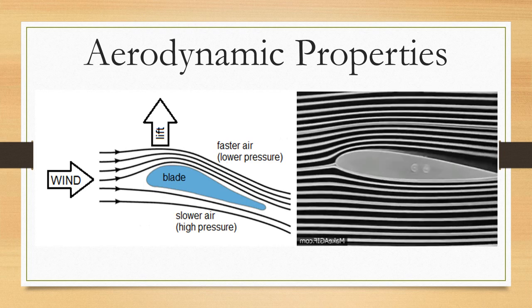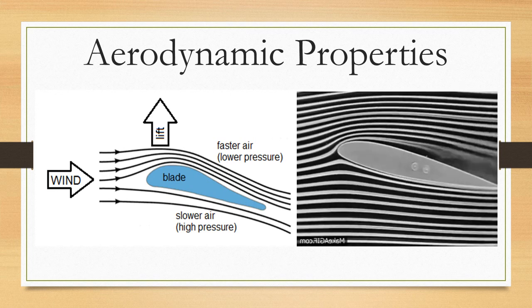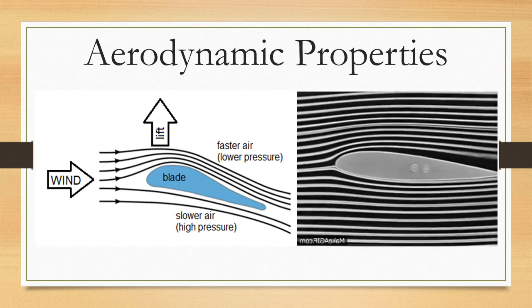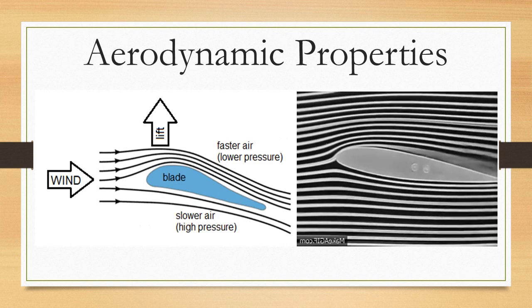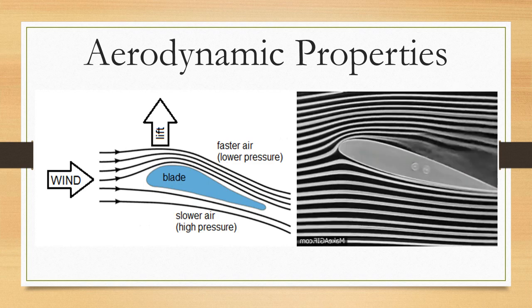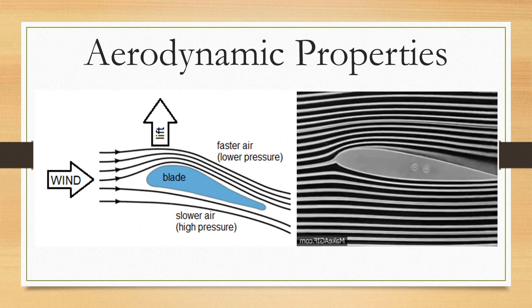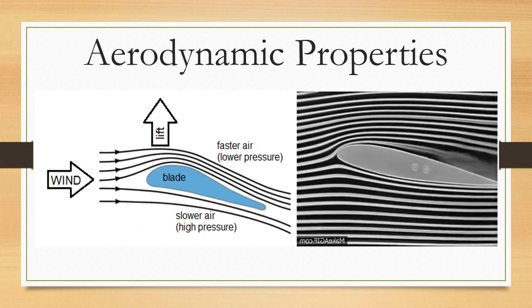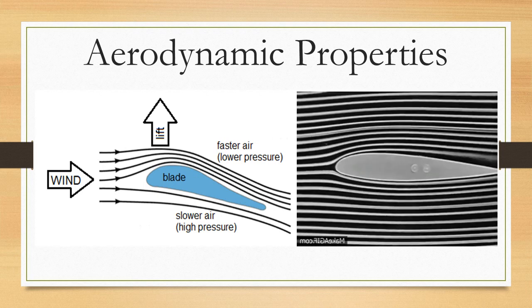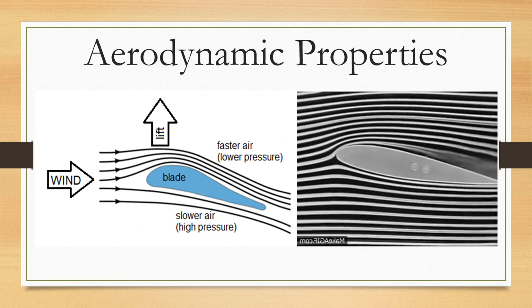And it's pushing against the blade, applying pressure, and creating lift as it moves slowly below the blade. Okay? So these are the aerodynamic properties we need to understand and consider when it comes to blade design, or if you're just interested, maybe an airplane, okay? It's a good way to think about this concept.